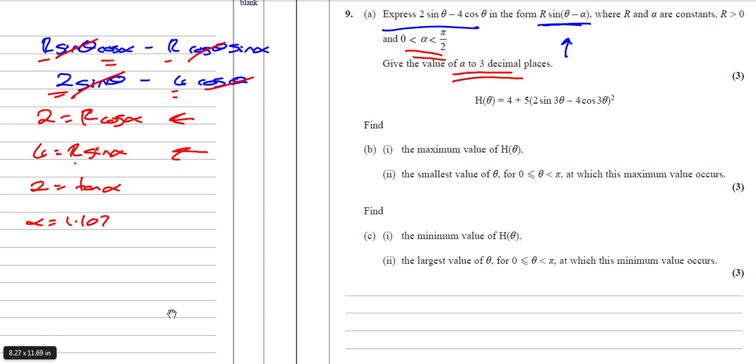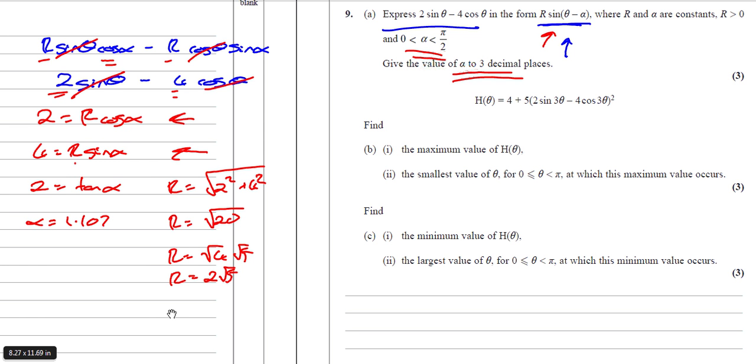What I'd always do though is work out the value of r as well. Oh no, we've actually got to express it in this format, so we do have to find r. So r is going to be Pythagoras: r equals the square root of 2 squared plus 4 squared, which is the square root of 20, which is root 4 root 5, so r equals 2 root 5.